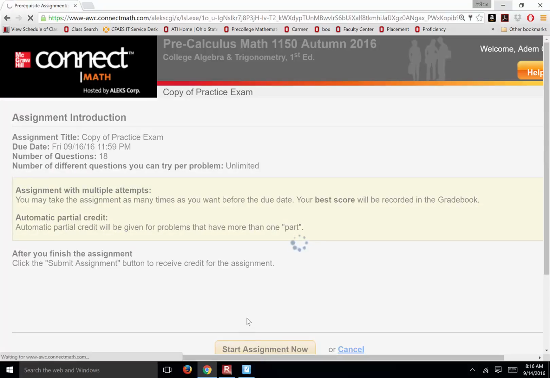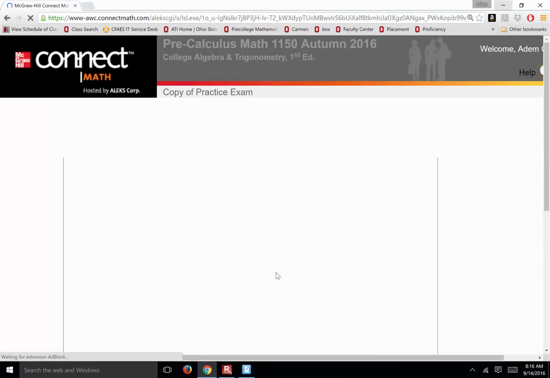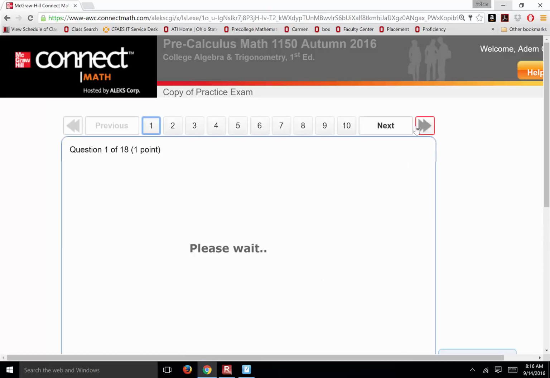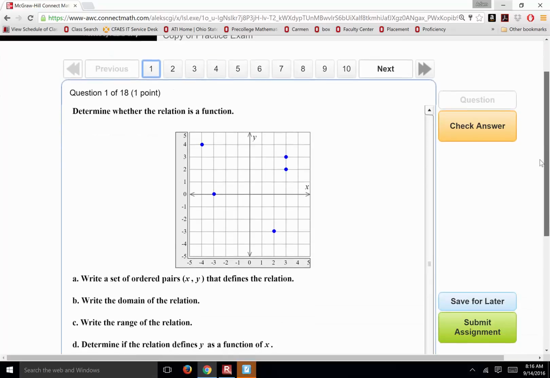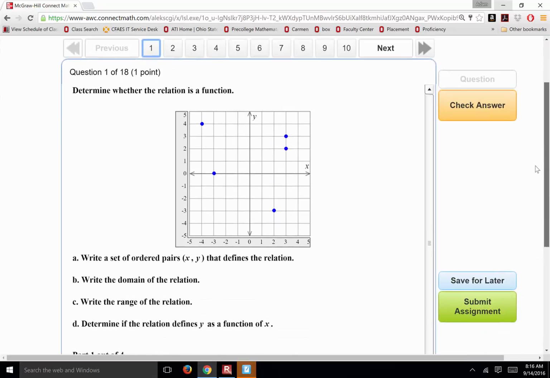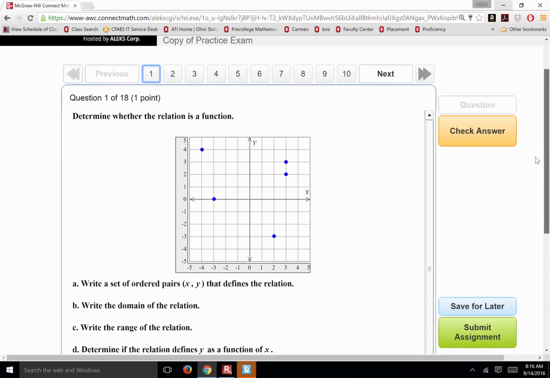There are how many? 18. I put more, so in the real exam you will probably have fewer problems. But this is exactly how your exam is going to look.